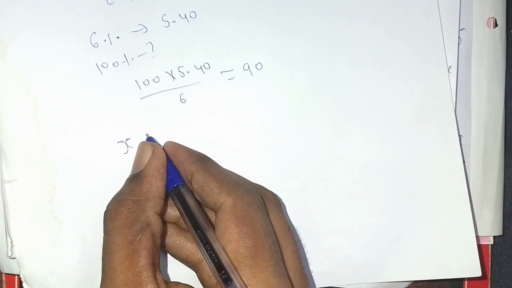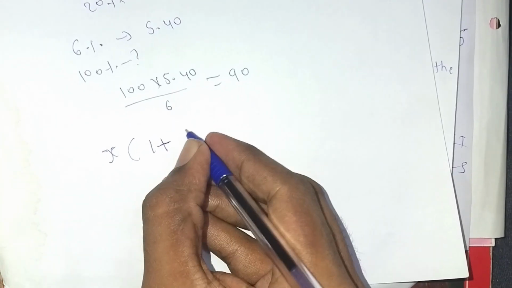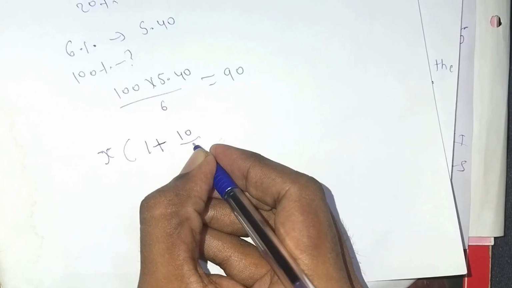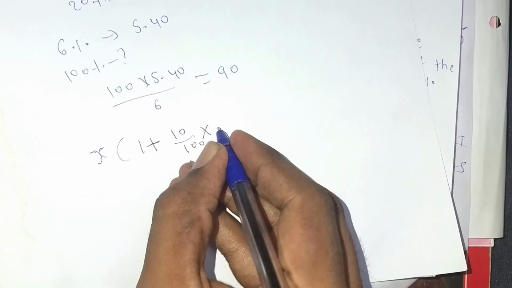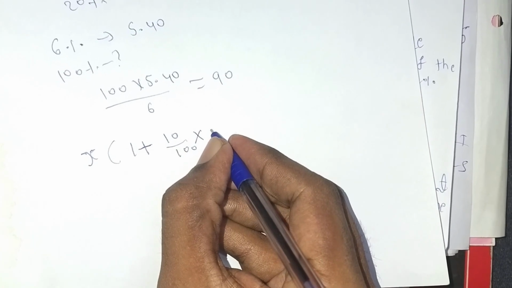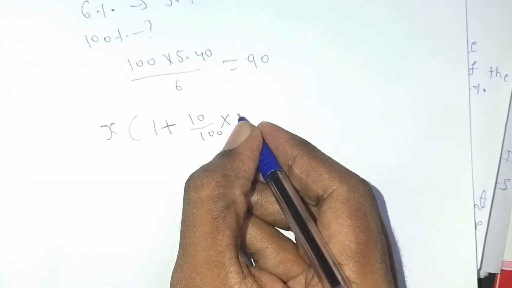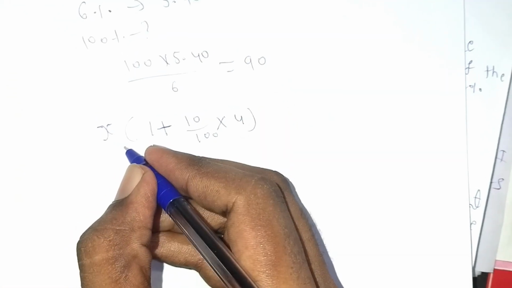Suppose the money is x, and to find the simple interest we have to apply the formula x into 1 plus the percentage. Suppose you take a percentage of 10, that's 10 divided by 100, into how many terms you apply it for. It means if you take 4 years, this into 4.